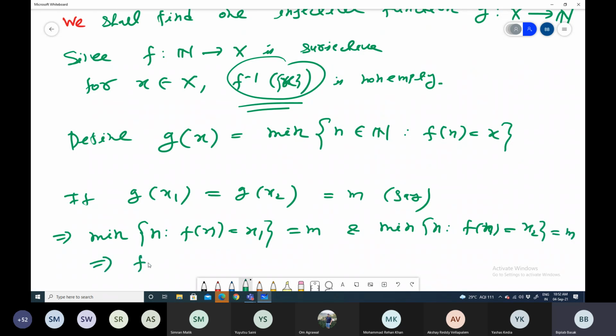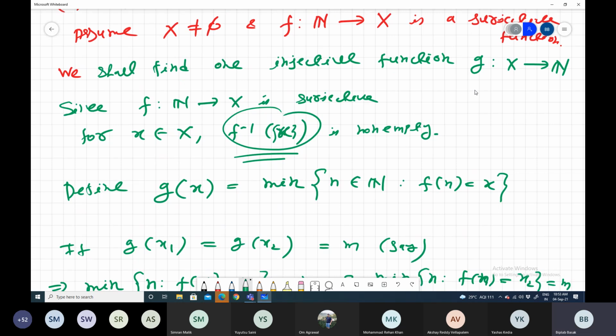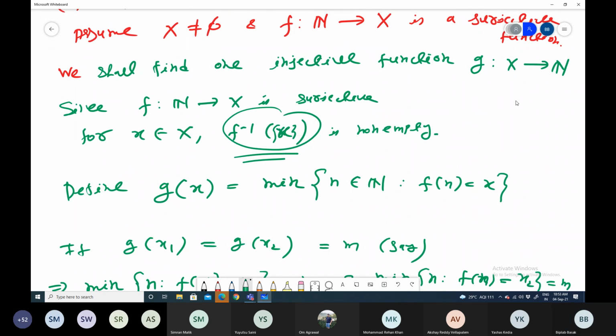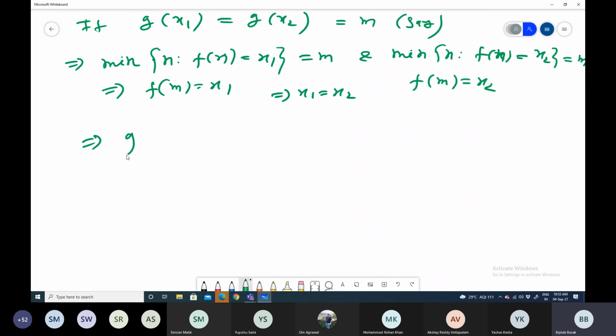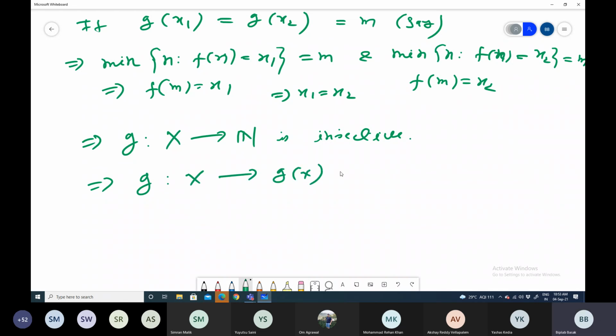Since this is the minimum, f of m equals x1 and also f of m equals x2. So that implies x1 equals x2. So therefore g is injective. So that implies g from X to N is injective. So that implies g from X to g(X), which is a subset of N, is bijective.